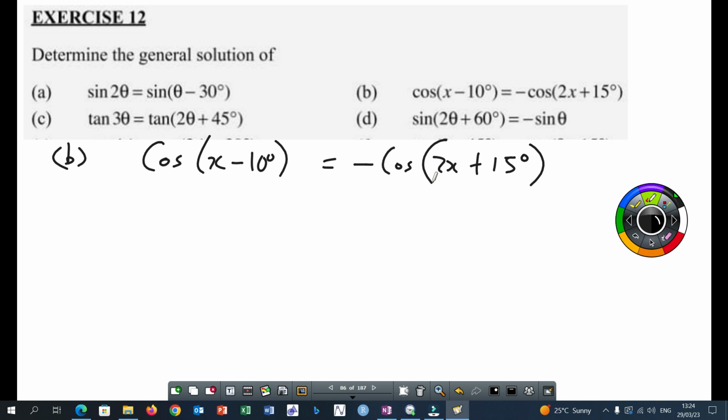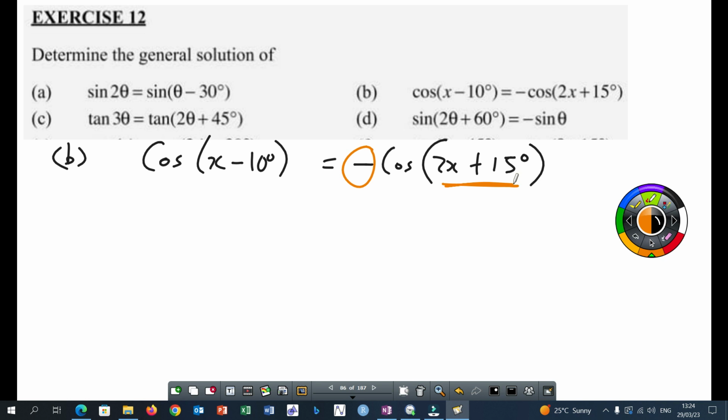Okay, now I just need to explain that for this one, because we have this minus here, it caters for the two quadrants in which cos is negative. Okay? And those two quadrants are the second and the what? And the fourth quadrant. Alright? Okay? So our reference angle is that. That's our reference angle.